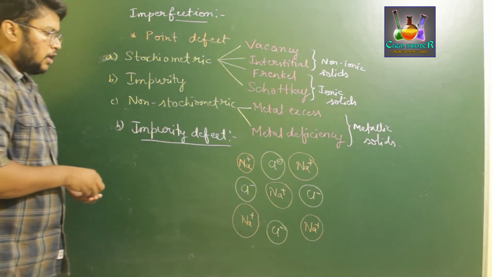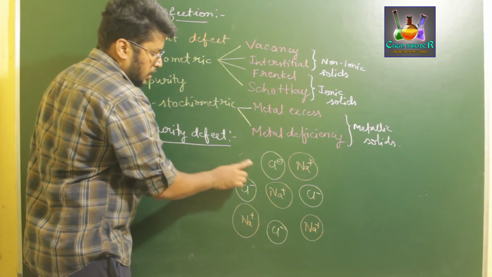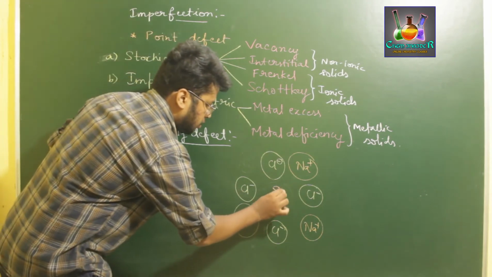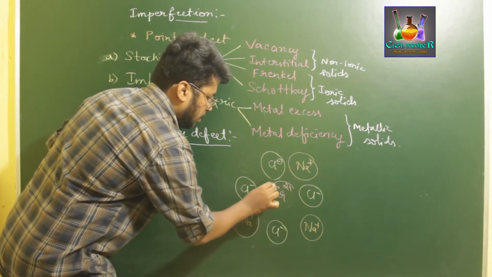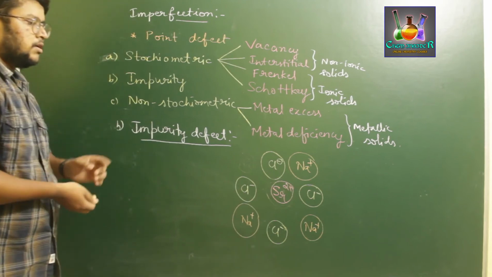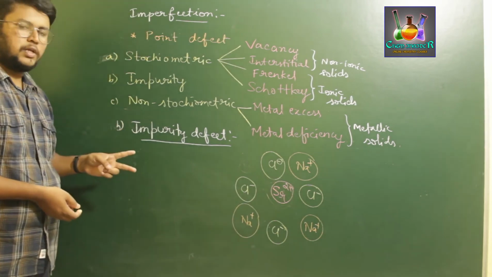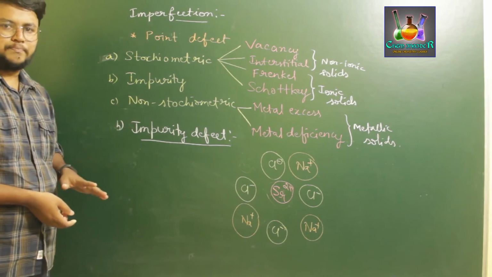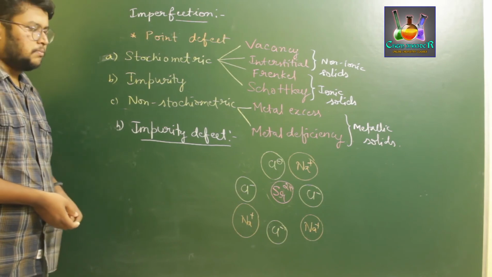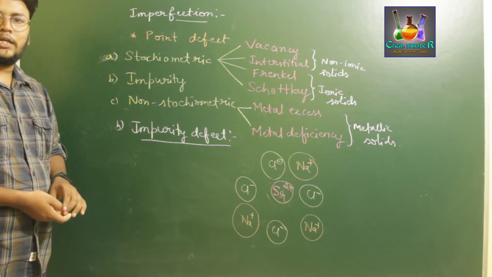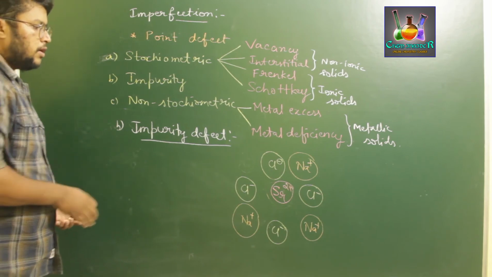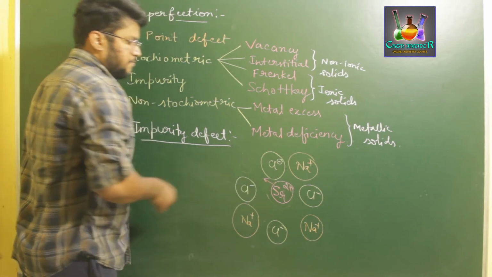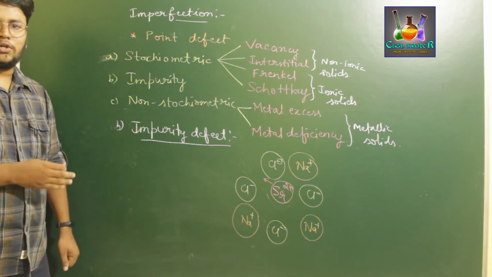For example, if I replace two of the Na plus ions by one strontium ion, Sr2 plus, what we have to observe is that even though I have replaced two atoms of Na plus by one atom of Sr2 plus, the complete charge density is similar. The charge density is not at all changed. That means the complete compound is maintaining its electrical neutrality. So in this complete structure of NaCl, we have an impurity Sr2 plus which is maintaining its structural composition.